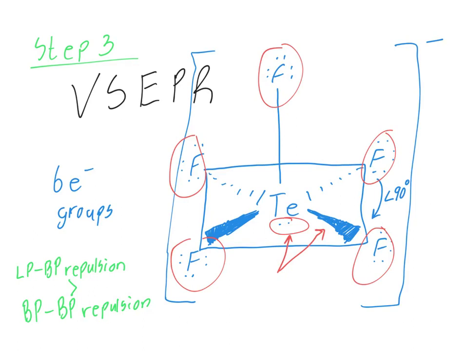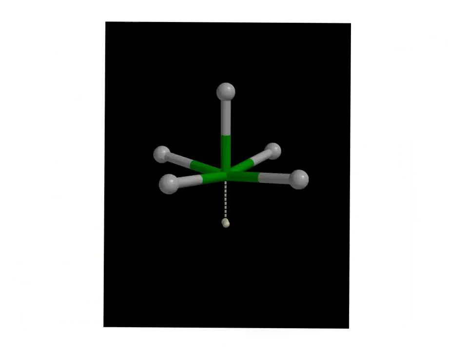Now we will look at the VSEPR shape in this photo, and that's how it would look. The lone pair is right there, and the fluorines around the central atom are undergoing a repulsive action because of this lone pair. So they are just going slightly up, and that's how the VSEPR shape would look.